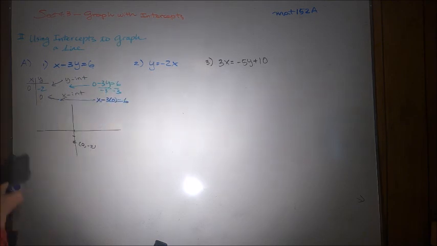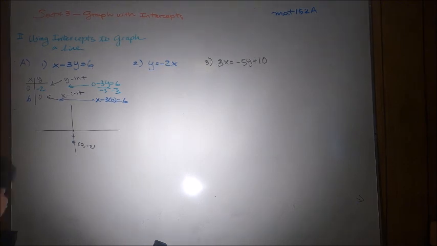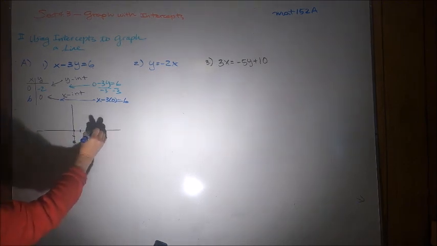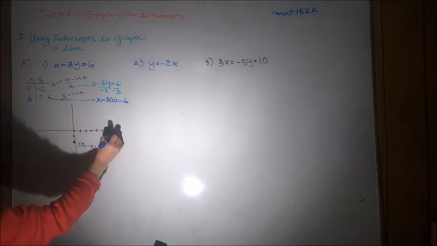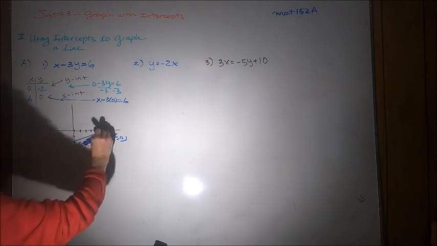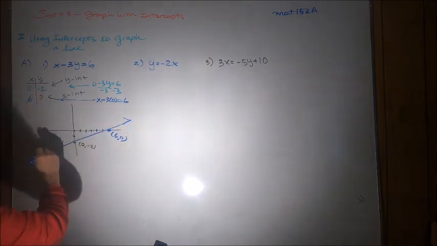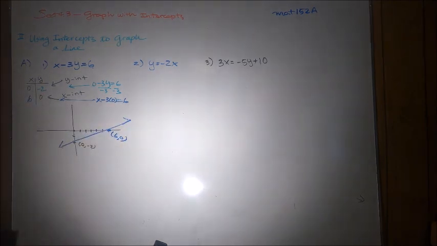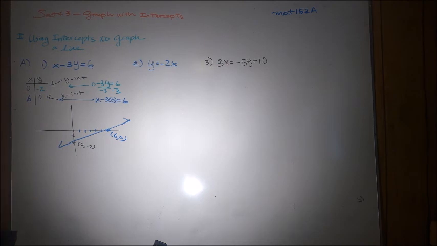So x is 6, right? That will be 1, 2, 3, 4, 5, 6. Mark your point. Then you connect the 2 points, and that will be your line, right?